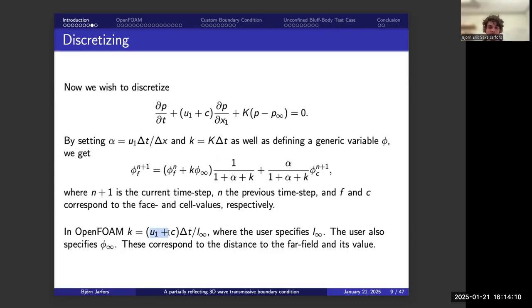So in this case, we'll say that it's U1 plus C multiplied by delta T divided by L infinity. So this L is supposed to represent the distance until the value which you set as your phi infinity, your far field value. So L infinity and phi infinity are generally the parameters which the user specifies.